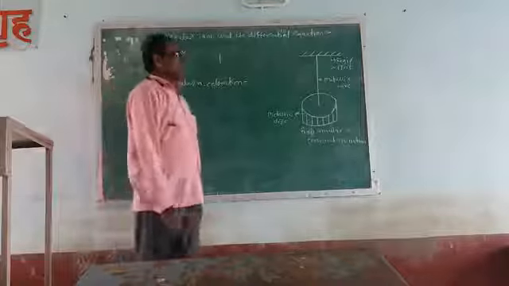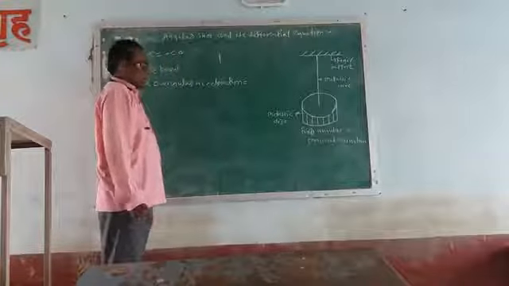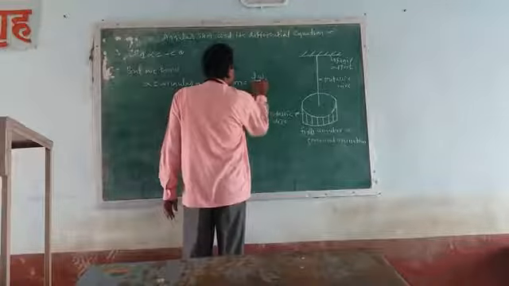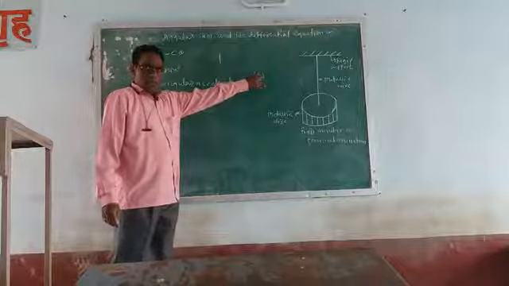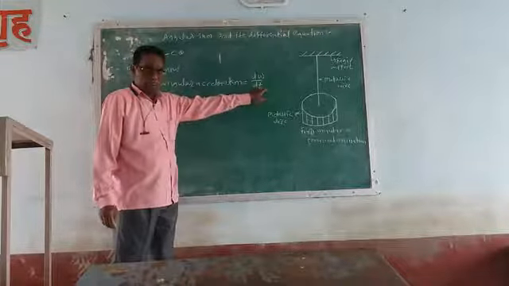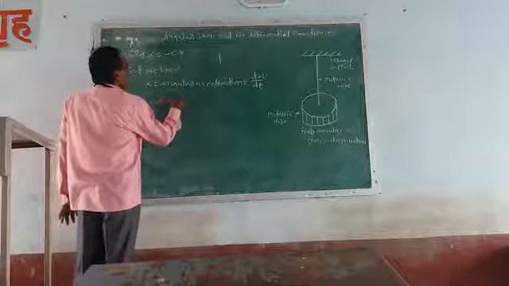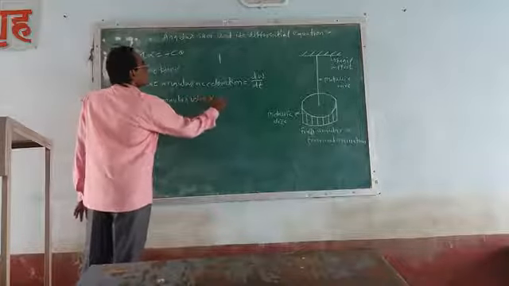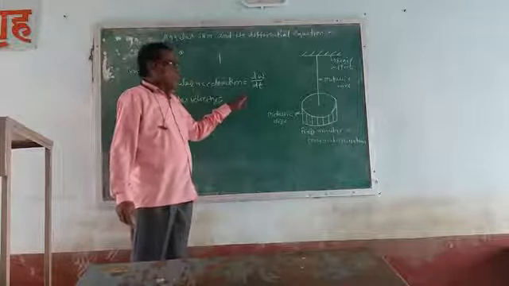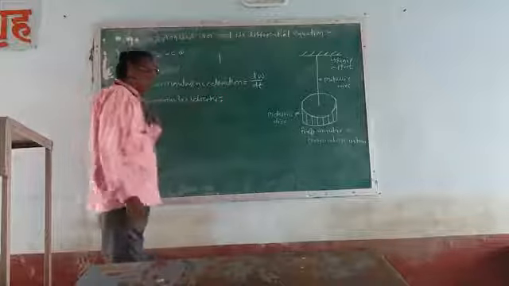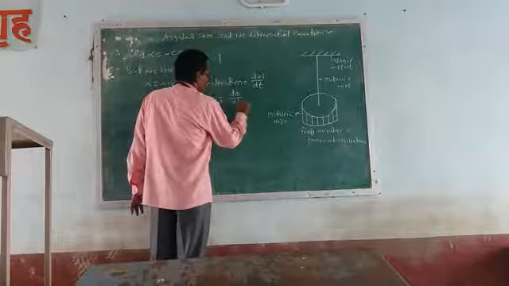Angular acceleration is the time rate of angular velocity, that is d omega by dt, and angular velocity omega is defined as the time rate of angular displacement, that is, the angular displacement per unit time.